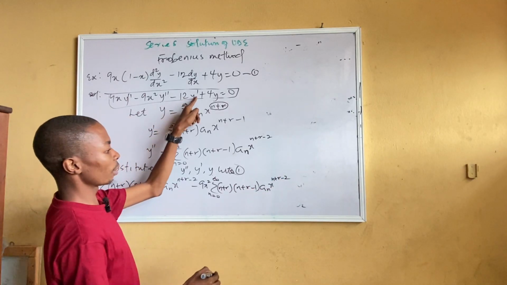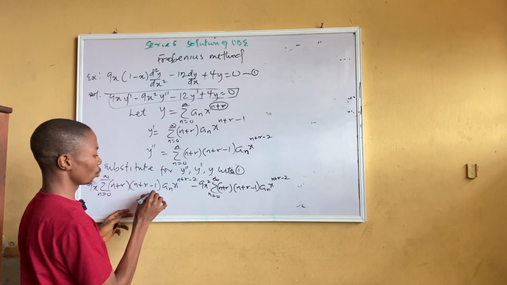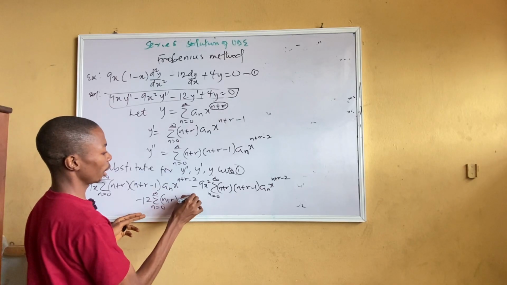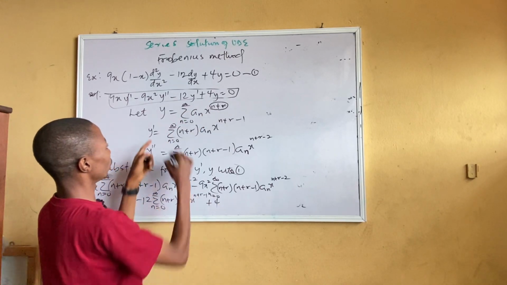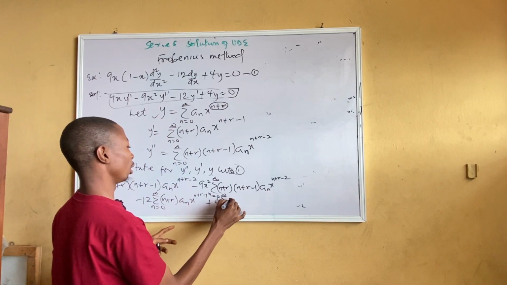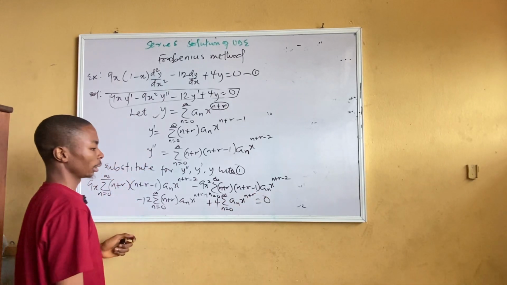Minus 9x squared times the summation n from 0 to infinity, where y double prime again is n plus r times n plus r minus 1, a n x raised to the power n plus r minus 2. Then plus 12y prime, which is 12 times the summation n from 0 to infinity of n plus r, a n x raised to the power n plus r minus 1. Then 4y, where y is the summation n from 0 to infinity of a n x raised to the power n plus r. All of them equal to 0.